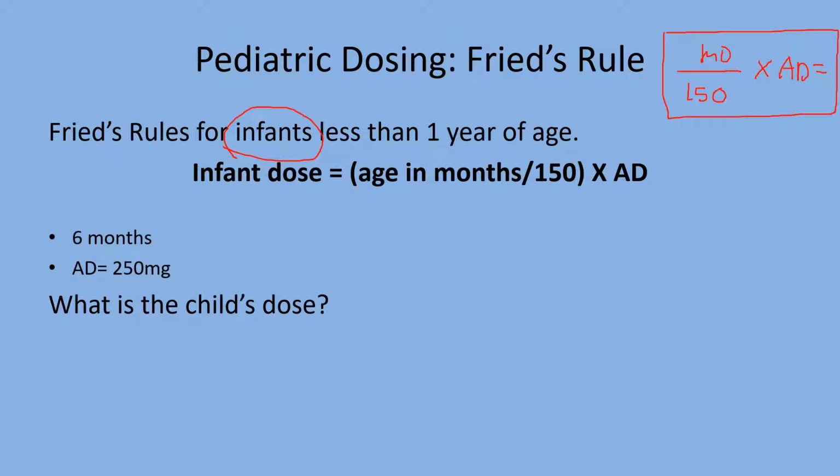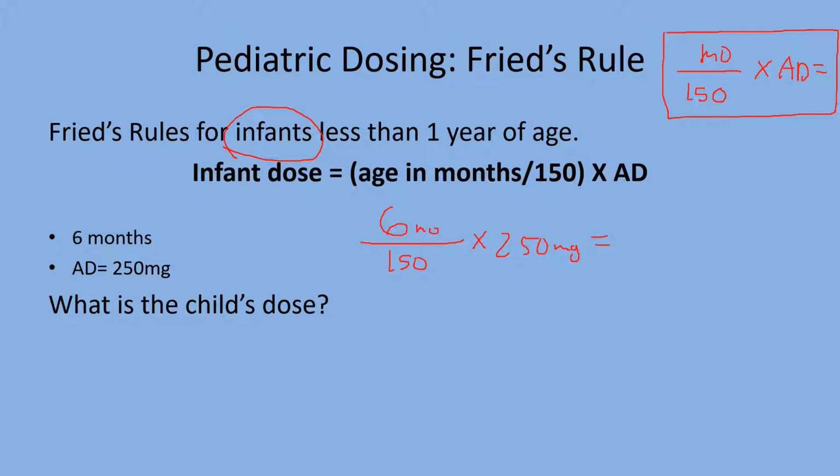So if you write it this way, it usually makes it easier. So for example, this patient is 6 months. Just put it over 150, and then the regular adult dose is 250 milligrams. Let's say they put 80 pounds over. Okay, so that's a different rule.